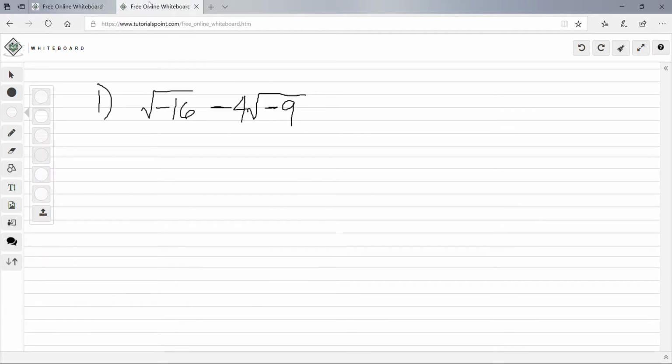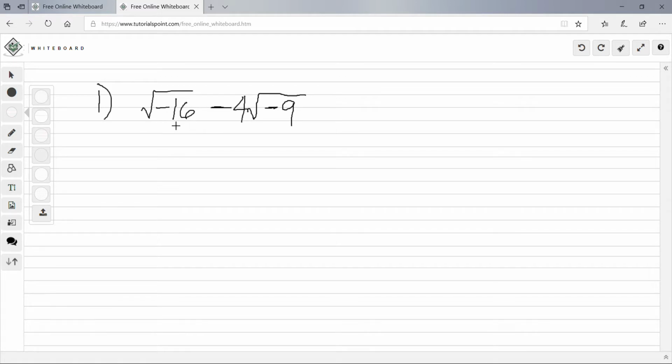So the first problem says the square root of negative 16 minus 4 times square root of negative 9. So we're going to have to deal with imaginary numbers, so you can never have a negative inside the square root. Whenever you have a negative, you just factor out an i.